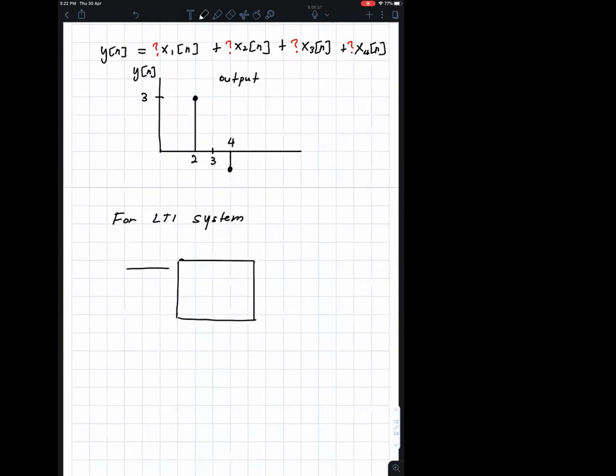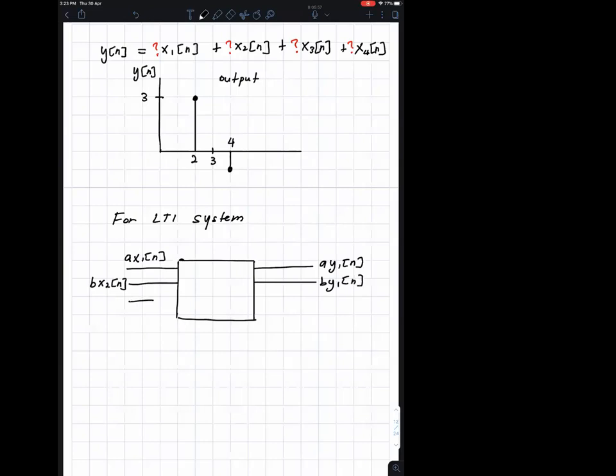You input A x1[n], you're going to get an output of A y1[n]. If you input B x2[n], the output is going to be B y2[n].